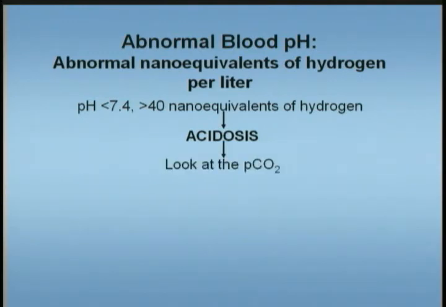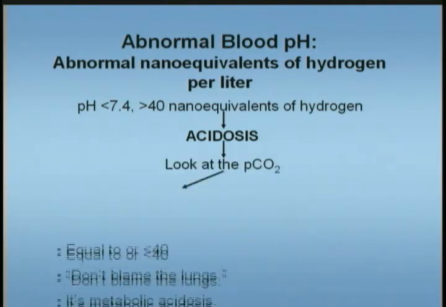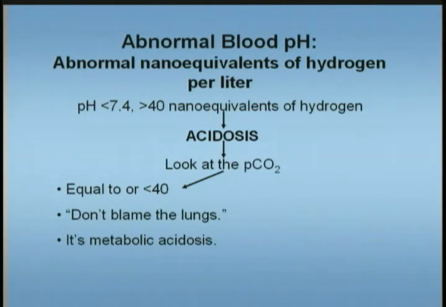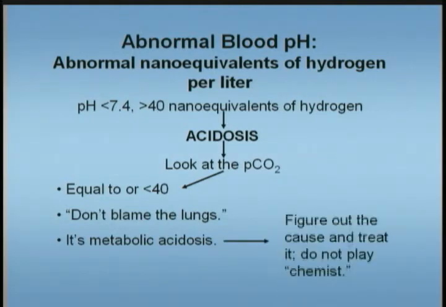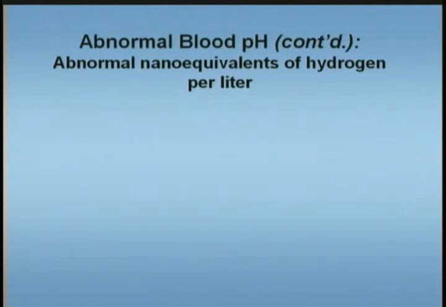We then want to look at the PCO2. If the PCO2 is equal to or lower than 40, which is the normal value, don't blame the lungs. It is metabolic acidosis. Figure out the cause and treat it. Do not just play chemist, okay?